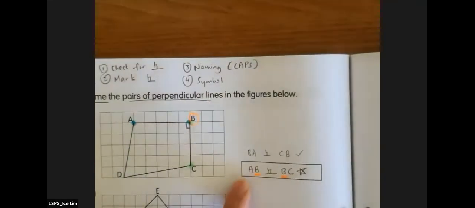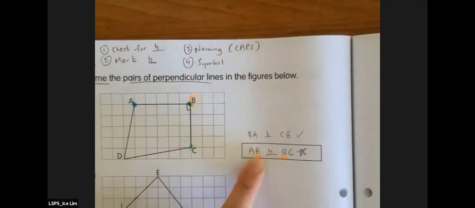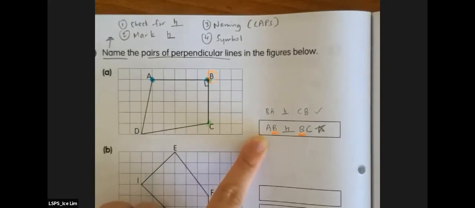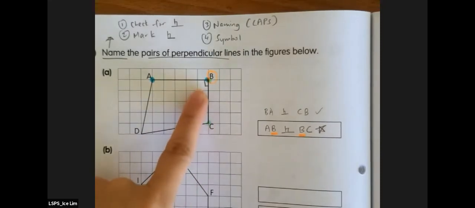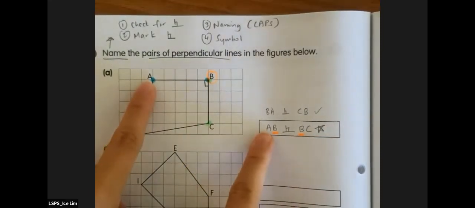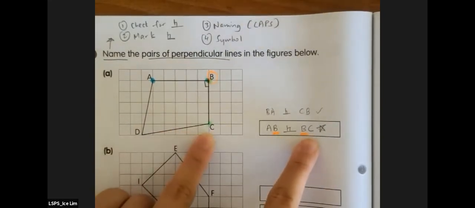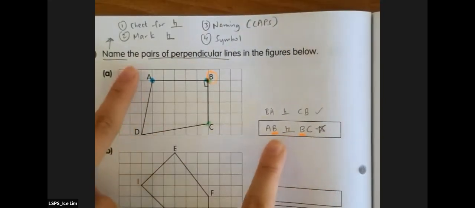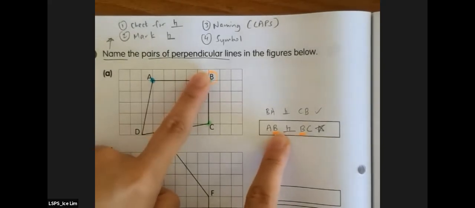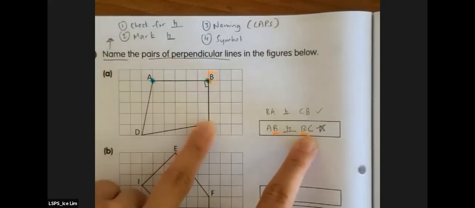But exactly what are we doing when we are naming, in this case, the pairs of perpendicular lines? I'm going to name them according to the flow of the angle, where I found them perpendicular. So you see, I start with A, B, perpendicular to B, C. So it flows A, B, perpendicular to B, C.